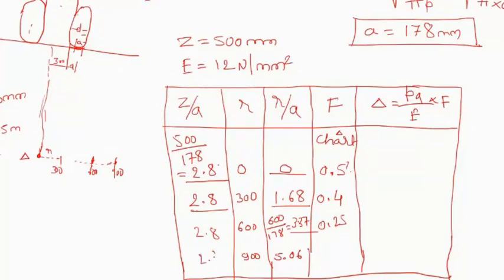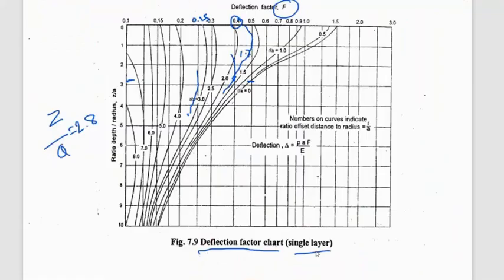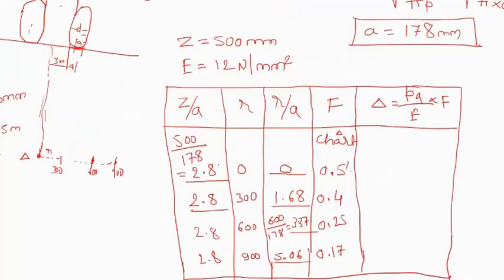And when Z by A is 2.8 and R by A is 5, how much are you getting? Between 3, 4 and 5, this line is cutting at this particular point. 0.17. It is between 0.16 and 0.17, because this is 0.15, so approximately 0.175. So it is 0.17, you can write. Okay, so this is from the chart.